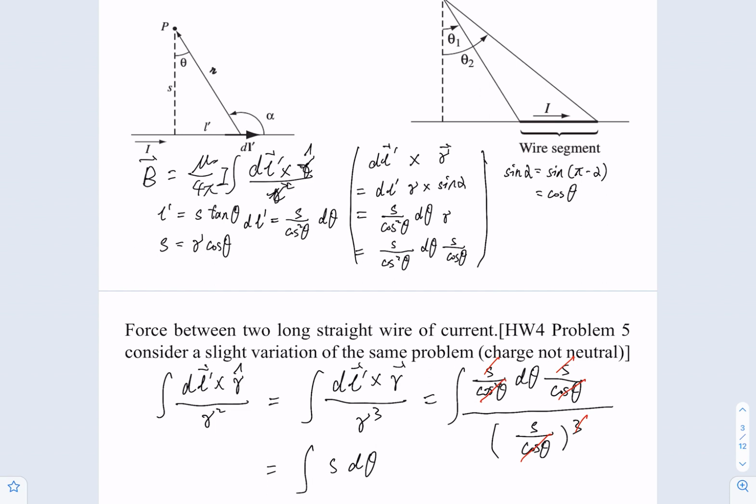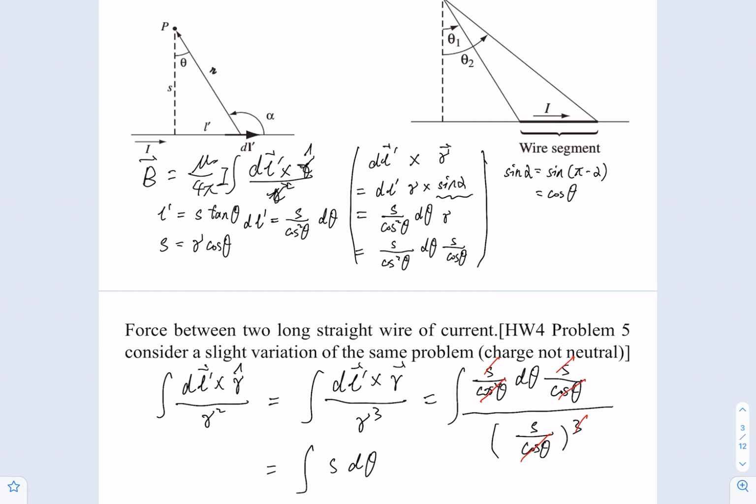Let me see. I might have missed a term somewhere. I think I missed the term on sine alpha.